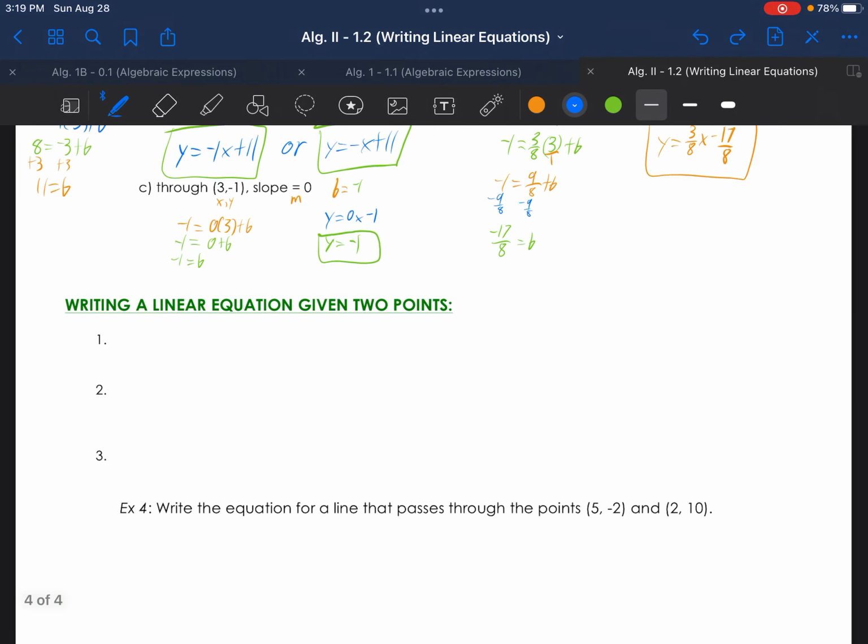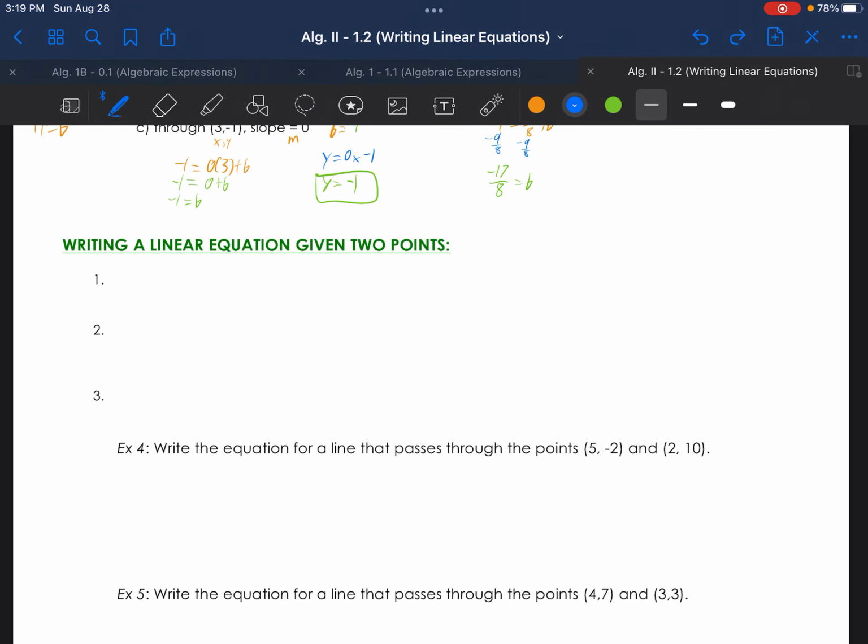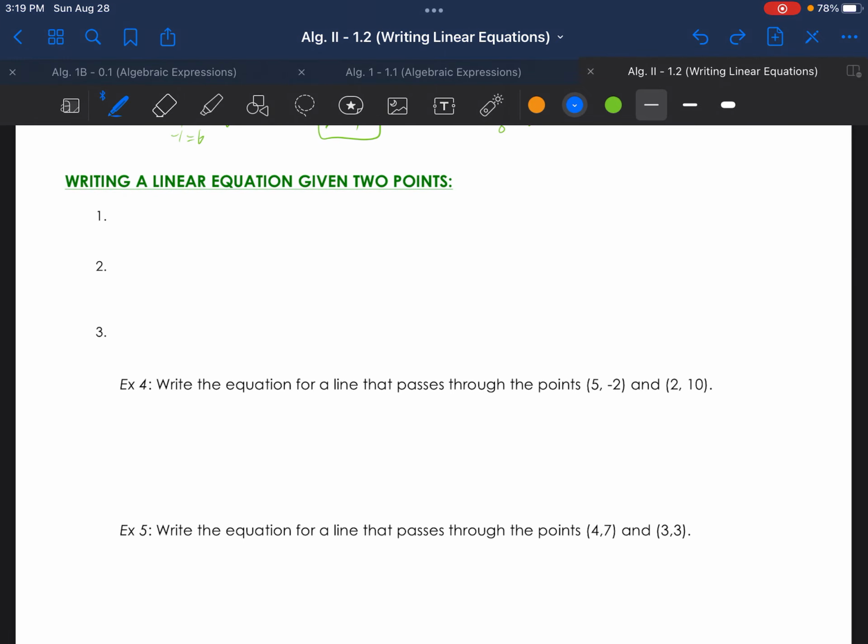All right, continuing on to our last couple examples. Before that, we're going to talk about writing a linear equation given 2 points. So let's say you're not given your slope this time. Every time before we've either been given our slope or we're able to find it on a graph. This time, we're going to have to find it using the formula m equals y2 minus y1 over x2 minus x1.